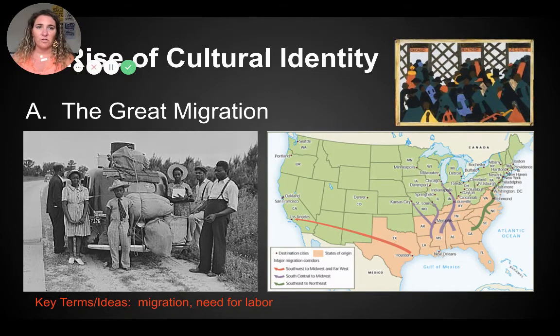However, even though there were jobs, it's important that you understand that while there was violence and open hostile racism in the South, it wasn't as if the northern cities were waiting with open arms to welcome all of these migrants, particularly Black migrants from the South. And so they still faced racism in the North and often had to settle for low-paying jobs.